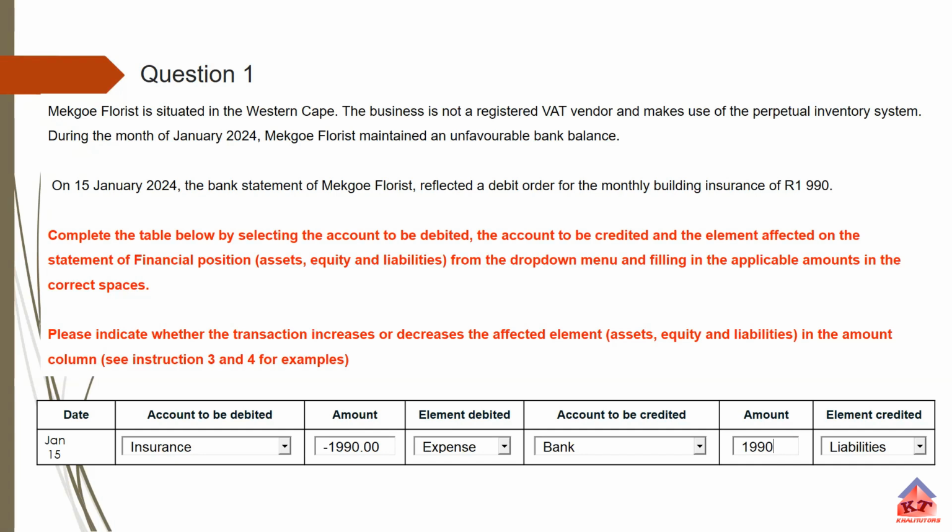So if you're not sure about the signs, please always remember the accounting equation. If we look at our accounting equation, you'll notice that both this insurance expense and our liabilities are on one side. So we should expect that one of them is positive and the other one is negative. So we are done with this question.